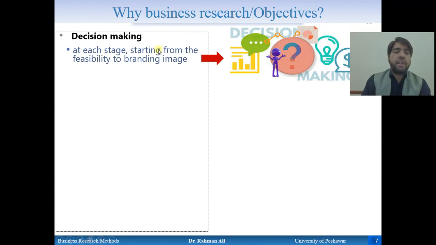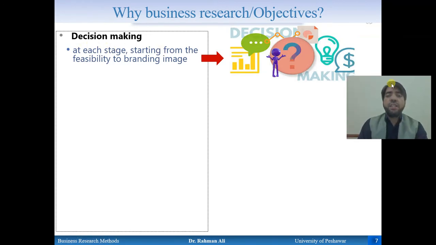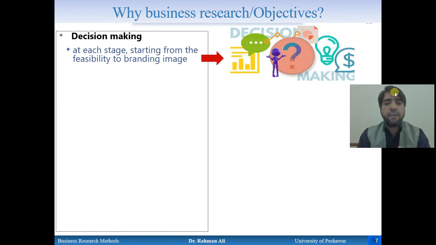The first thing is that we need business research for decision making. If we are not going to analyze the situation in depth, and take some insights from the data or the practices done so far, then how will we be able to come up with a decision for a new product, or for a new market, or for branding the image?